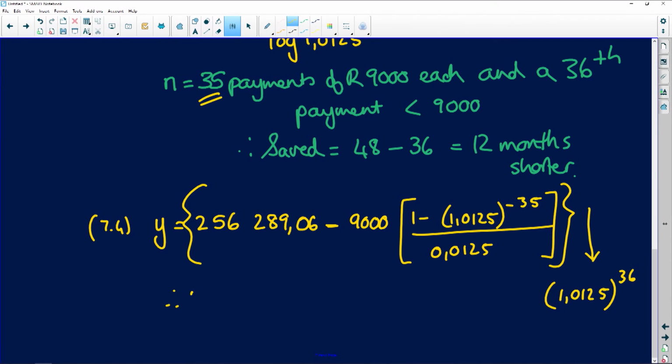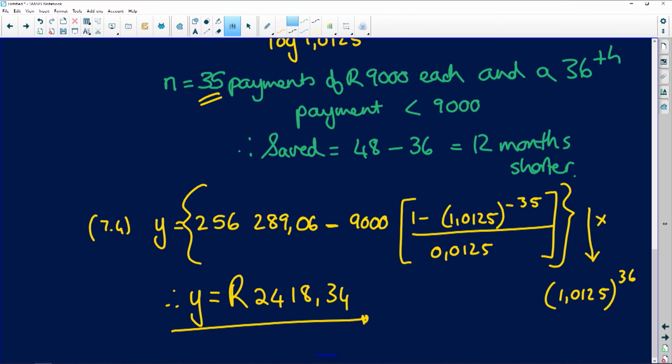So your final payment, you'll find out if you do all of this in a calculator. Remember, this is multiplied by that factor. Gives you 2,418.34. That is the final payment that is made in Thabiso's loan to pay off the vehicle that he purchased, if he paid it at 9,000 Rand per month for the period that they said he paid.